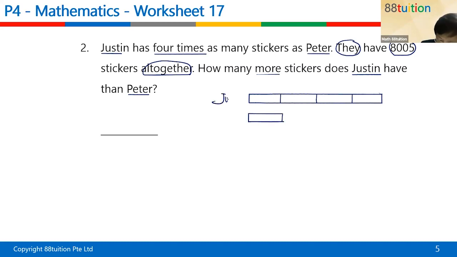So this is Justin, and this is Peter. What is the total for them? 8,005 from here. He's asking you for the difference. So where can I find the difference? It is from here to here.